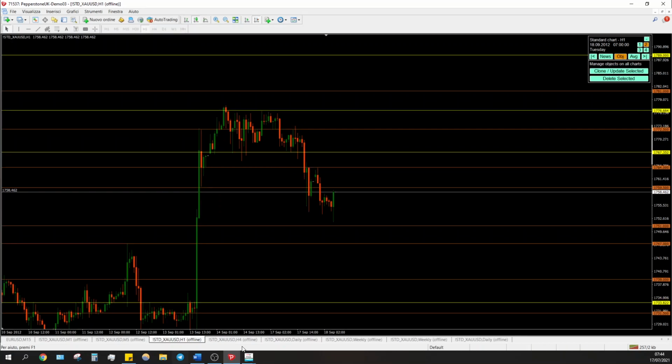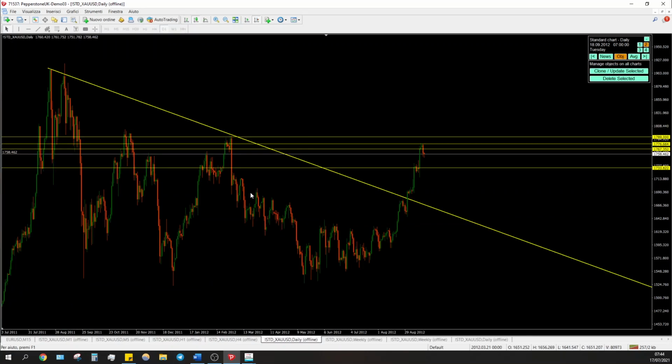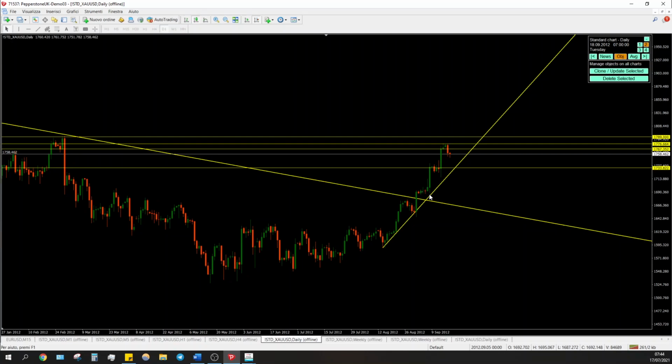As you can see, we go on the daily time frame, we see what is the current trend. So now we are in a short-term bullish trend. As you can see, price is printing higher low, higher high, higher low, higher high, higher low, higher high, higher low, higher high.